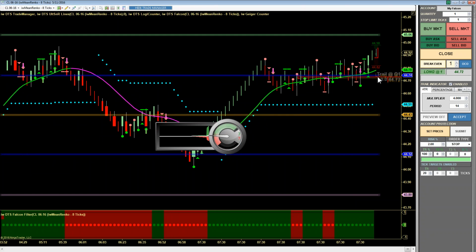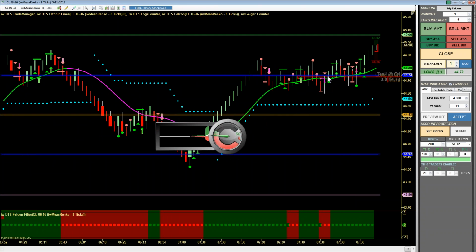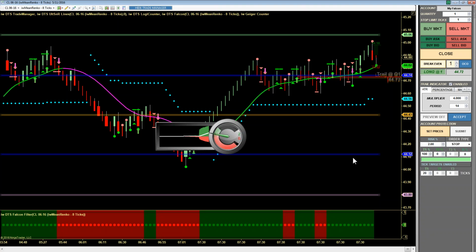Okay, now we got filled to the upside, and then notice how the trade manager brought the stops in so quick. Whoa, monster spike. We took some serious slippage on that.